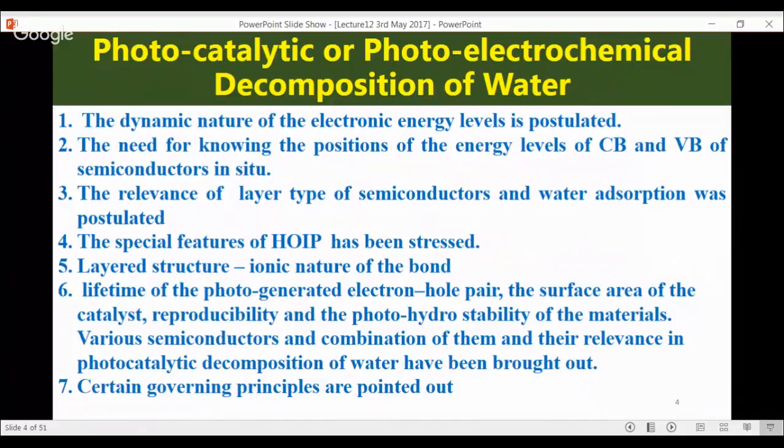we have specified certain conditions for the effective use of the materials. That is, one is the photo-generated electron hole pair.